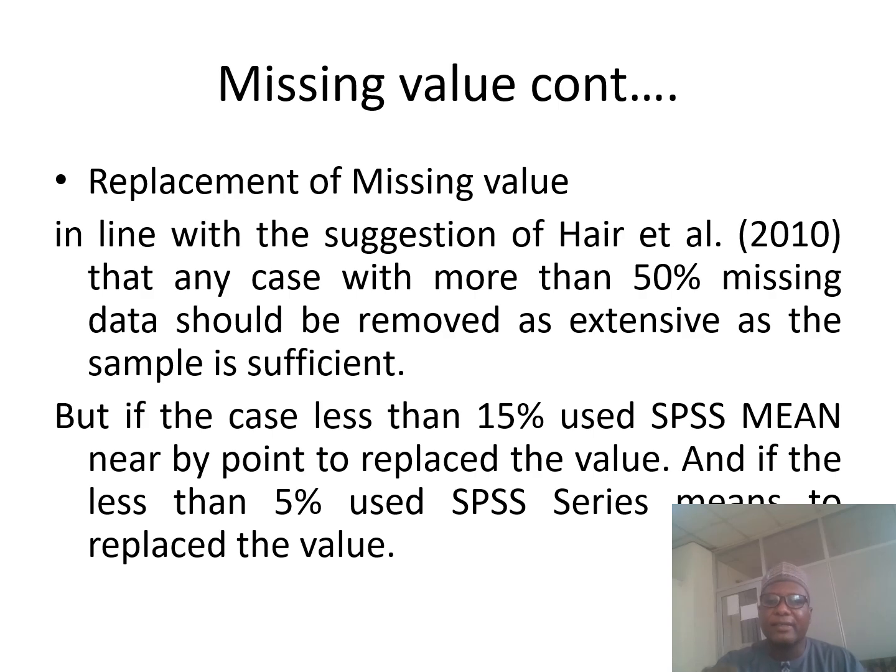But if the case is less than 15%, then you replace it with the mean. And if it is 5%, then you replace it with the series mean value. So you see that in SPSS, you can easily replace the missing value without taking much time.